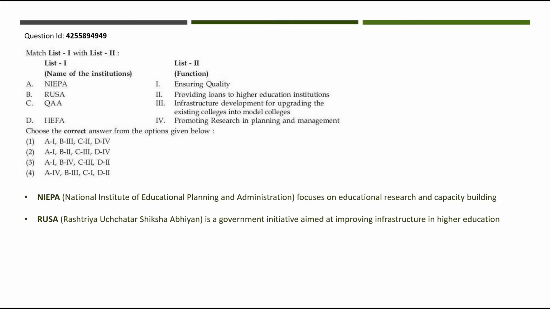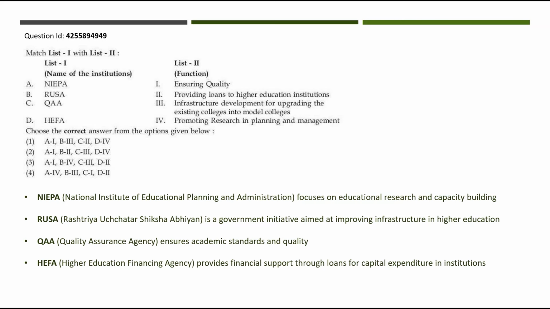RUSA, Rashtriya Uchchatar Shiksha Abhiyan, is a government initiative aimed at improving infrastructure in higher education. QAA, Quality Assurance Agency, ensures academic standards and quality. HEFA, Higher Education Financing Agency, provides financial support through loans for capital expenditure in institutions.